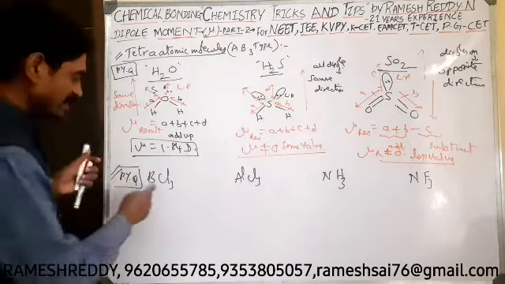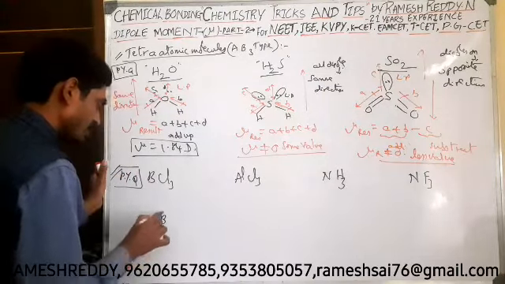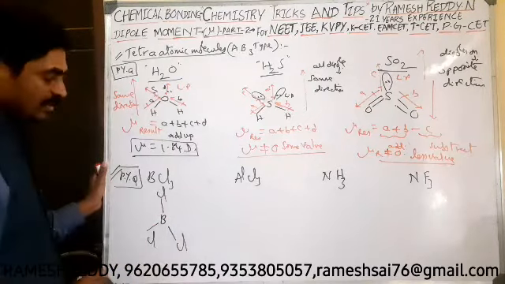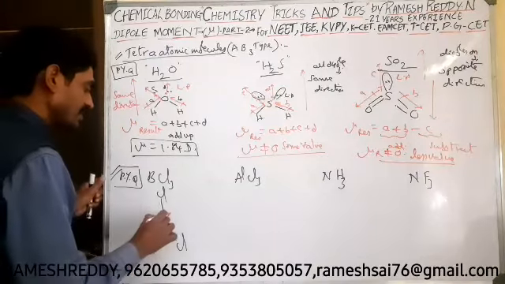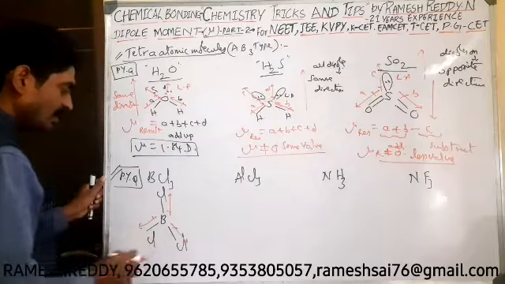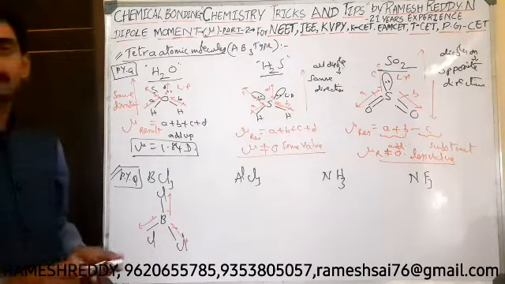Now in the case of BCl3, the central atom is boron and it is bonded to 3 chlorines. Chlorine is more electronegative, so the dipole moment is towards the chlorine atom, from boron to chlorine. The dipole moment is a vector quantity.